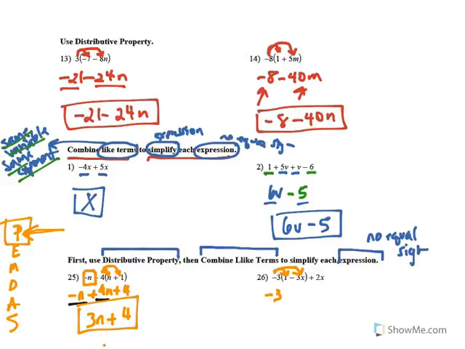Negative 3 times negative 3x gives me positive 9x, plus 2x. I identify my like terms. I have a positive 9x here, a positive 2x here, and I combine them to get 11x. I bring down the negative 3 since it cannot be combined with anything else, and this is my answer.